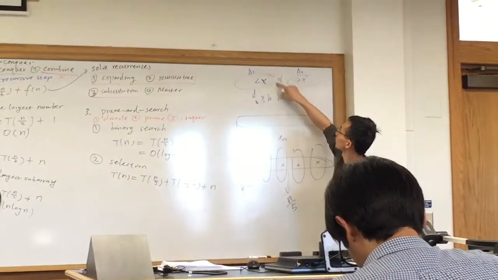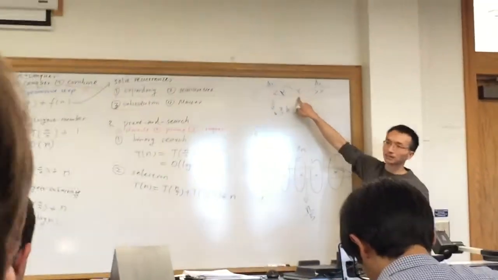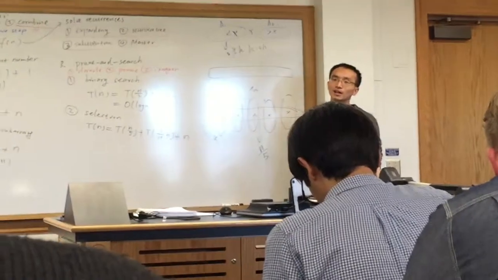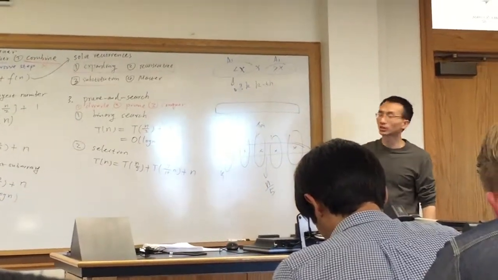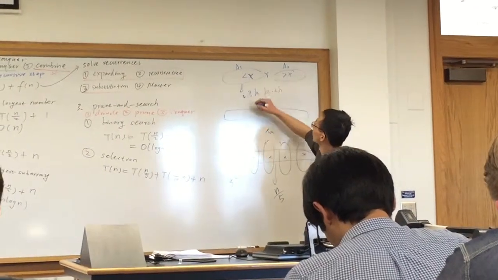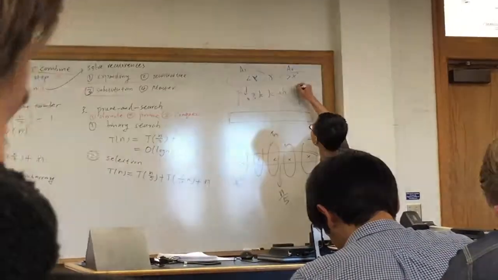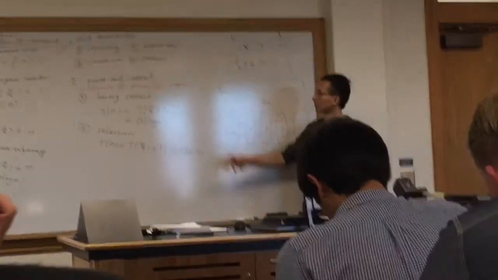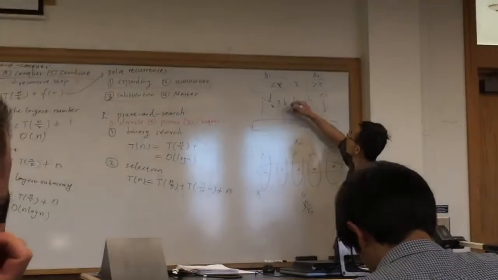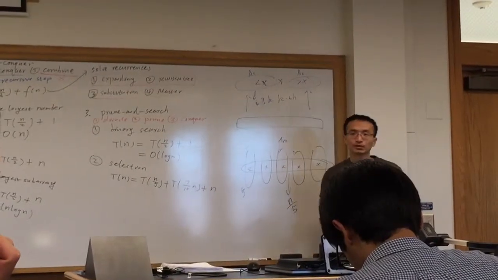But again, ideally we want to pick the median as x, but we do not know it. If you compare this algorithm with quicksort, quicksort needs to work on both sides recursively. But for this problem, you only need to work on either A1 or A2.